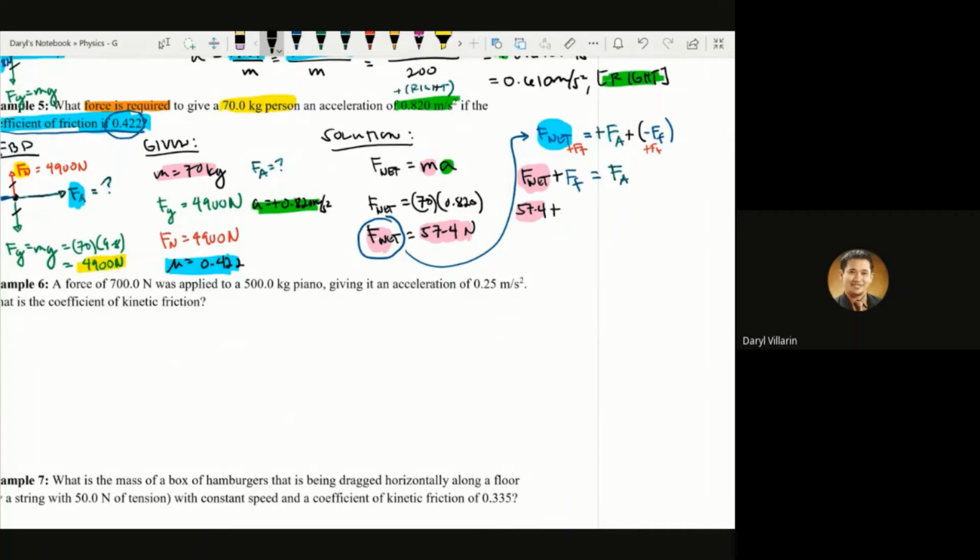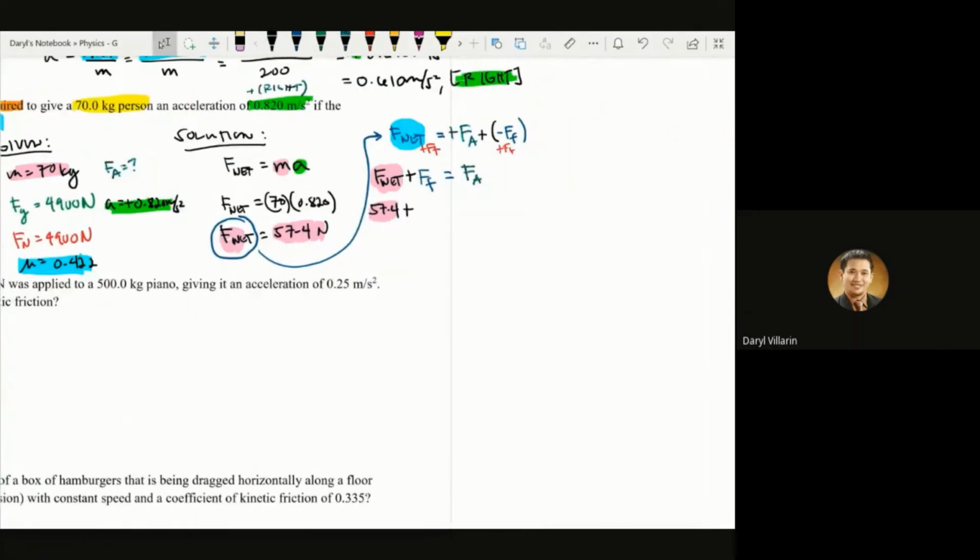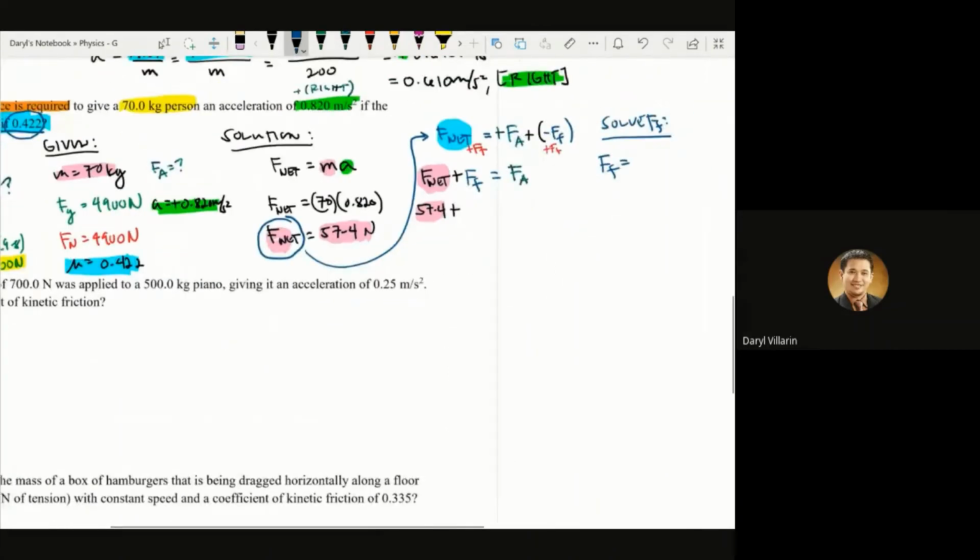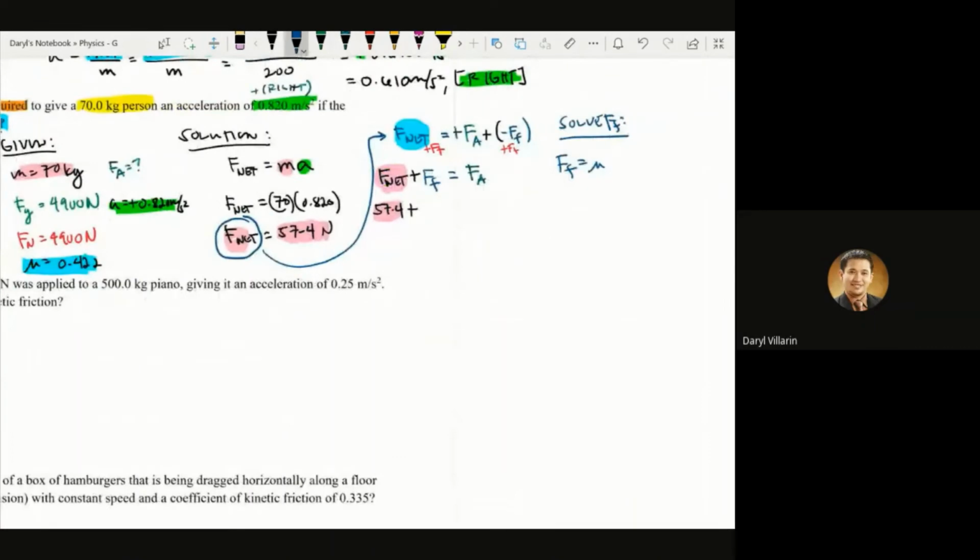So I need to solve first for my Ff in order for me to solve my Fa. So how would you solve Ff? Well, Ff is just the frictional force. And again, the formula for the frictional force is mu times Fn.